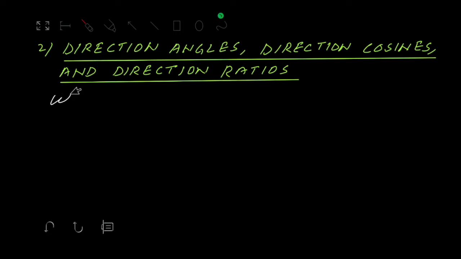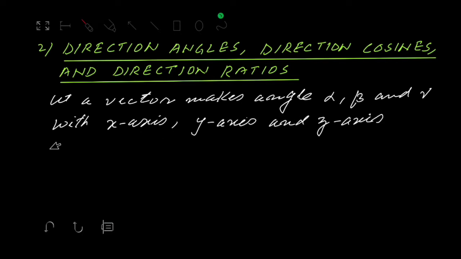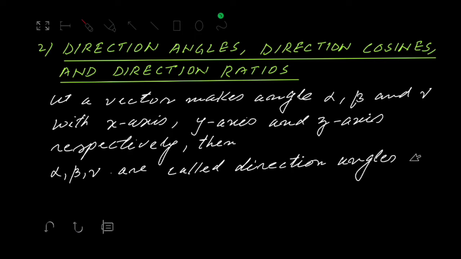Let a vector make angles alpha, beta, and gamma with x-axis, y-axis, and z-axis respectively. Then alpha, beta, and gamma are called direction angles of the vector.